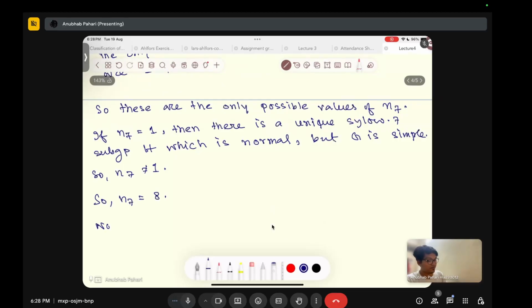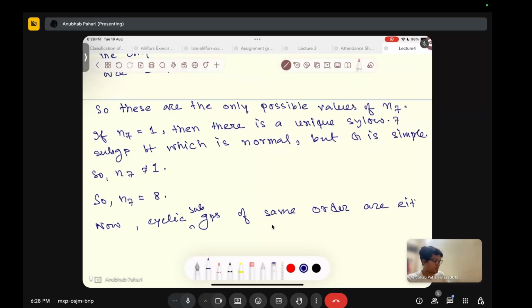Now, cyclic subgroups of the same order are either equal or disjoint, right?